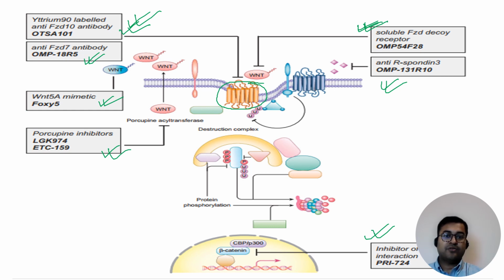We also try to inhibit this beta-catenin CBP300 complex. So these are actually some of the important drug molecules which are under different stages of clinical trial, which are like promising candidates to inhibit this Wnt signaling pathway in different diseases.